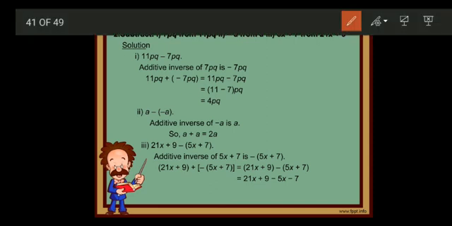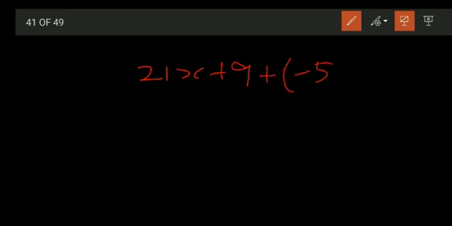So the additive inverse of 5x plus 7 is minus 5x minus 7. So add it to 21x plus 9: 21x plus 9 plus minus 5x minus 7. Here what we have to do is first write the like terms.